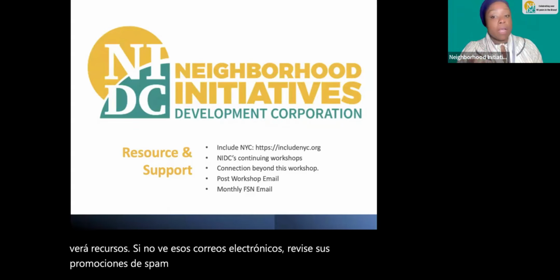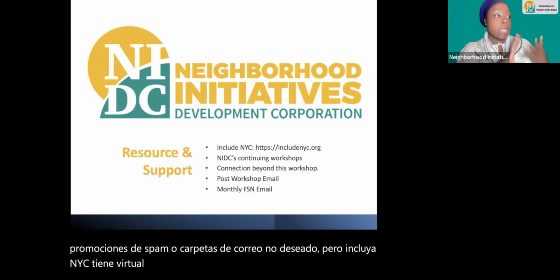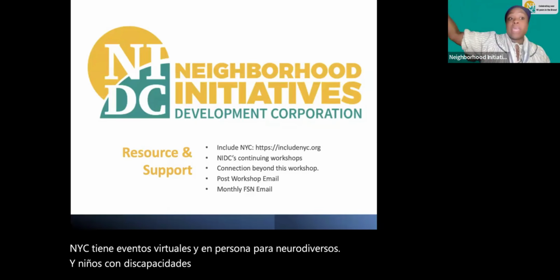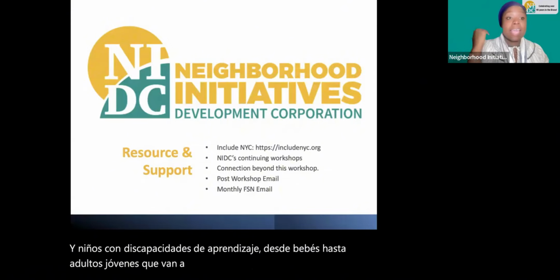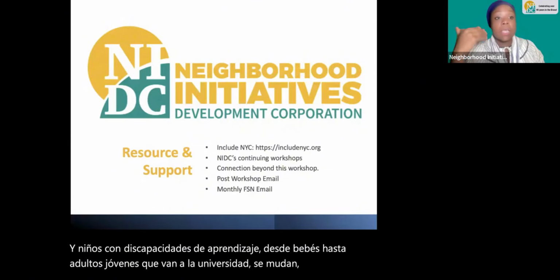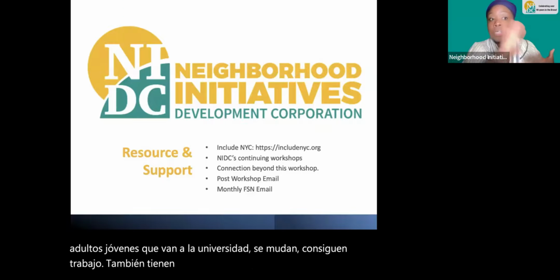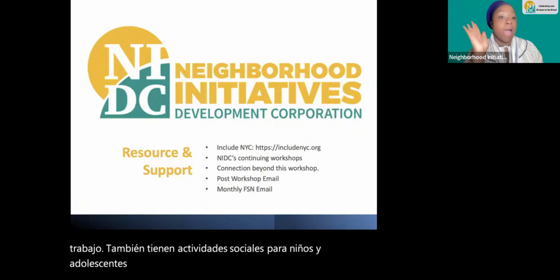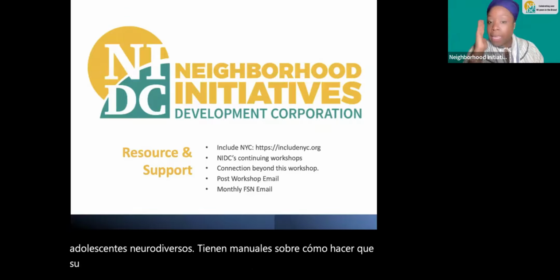But Include NYC has virtual and in-person events for neurodiverse children and children with learning disabilities, from babies all the way up to young adults going to college, moving out, getting jobs. They also have social activities for neurodiverse children and teens. They have manuals about how to get your child an IEP, individual education plan.